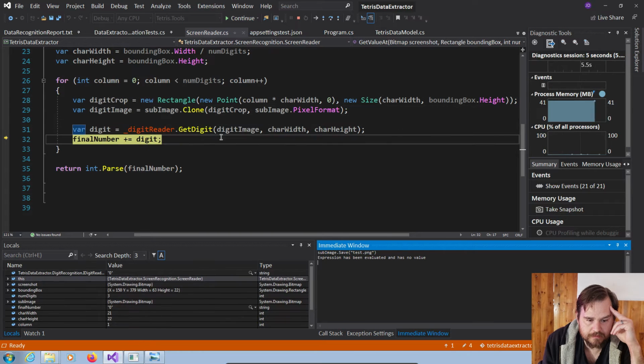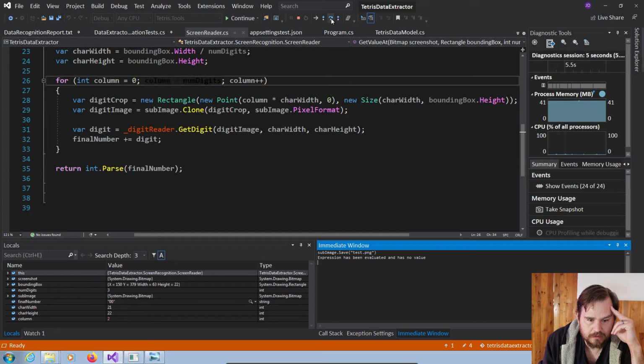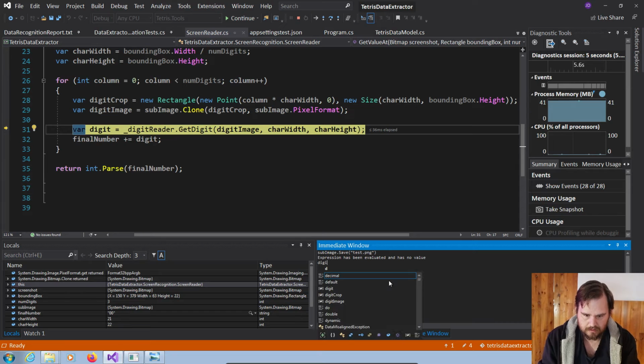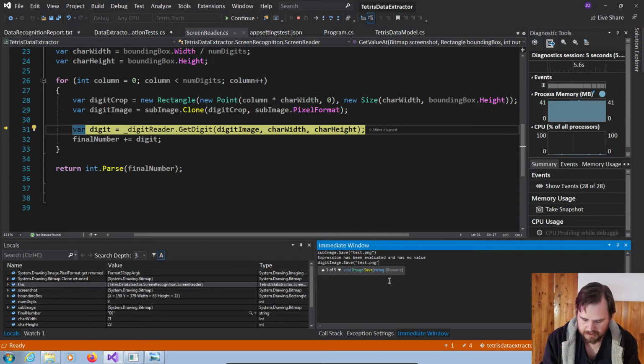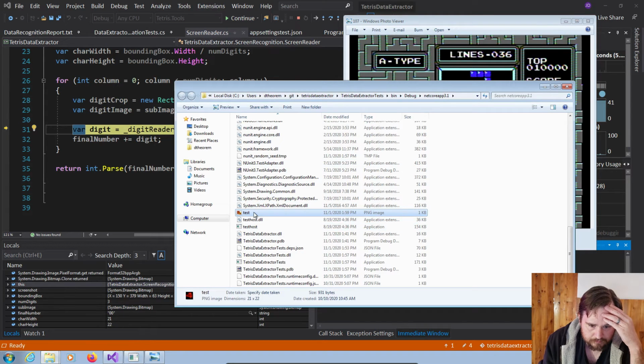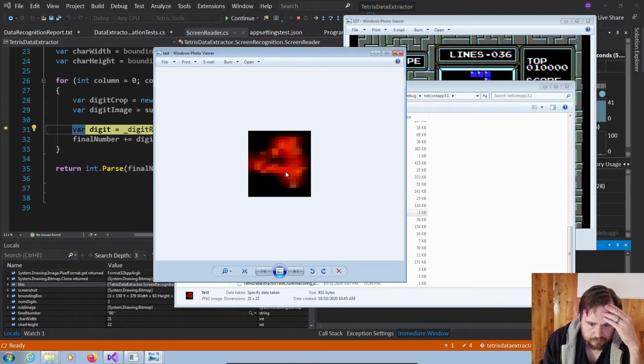The second digit found was a 0. And now this one is being mistaken as a 3. Let's have a look at it. The bounding box is very nice. Like, it makes sense to me.